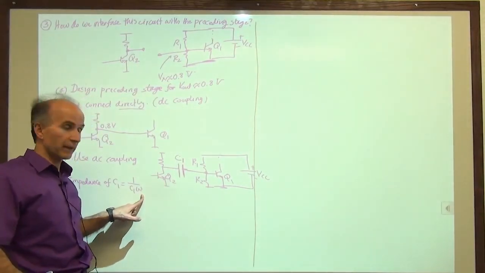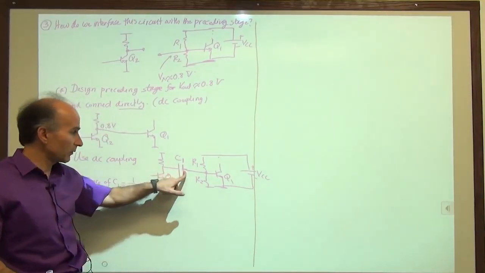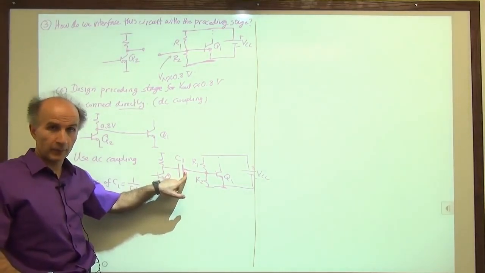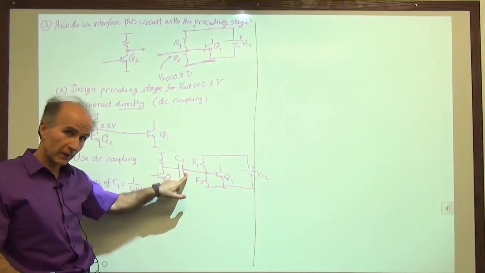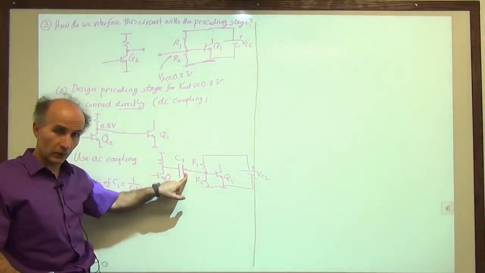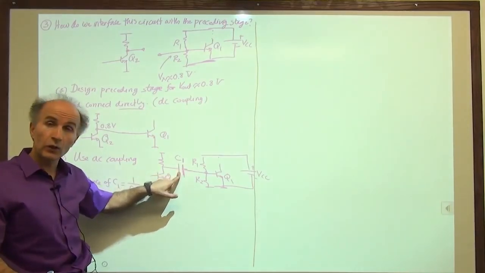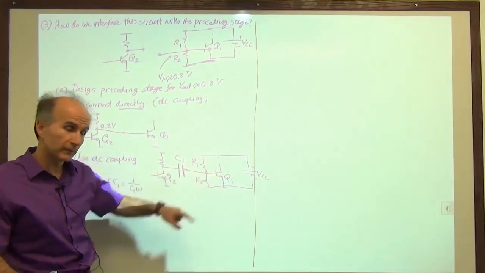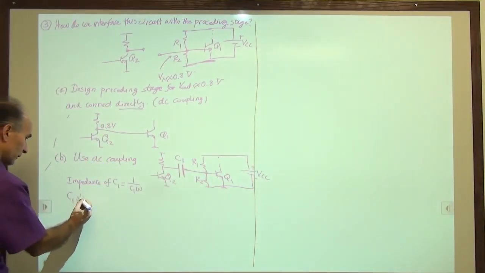So we have to look at the lowest frequency that will be passing through this capacitor. For example, voice has components from 20 hertz to 20 kilohertz. So we have to ask, at 20 hertz, is this capacitor a good short circuit so that the signal goes all the way through?